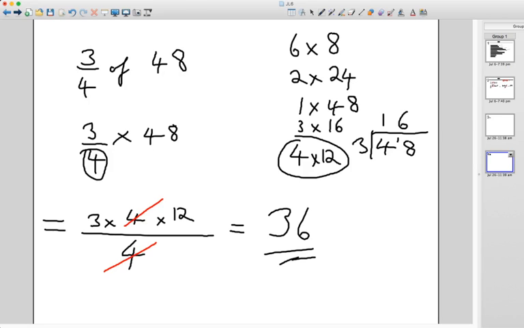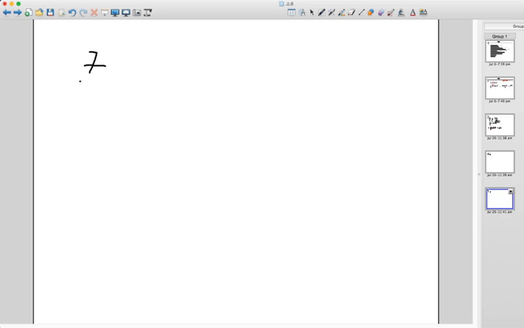A couple more. Let's go for 7/8 of 72. So 72 could be broken down in many ways. One we're looking for is 8 times 9 makes 72. Why?